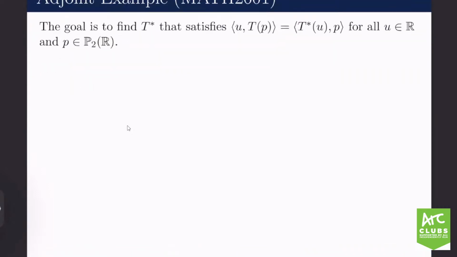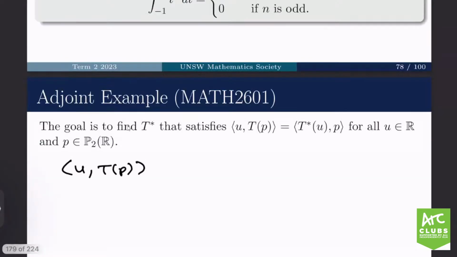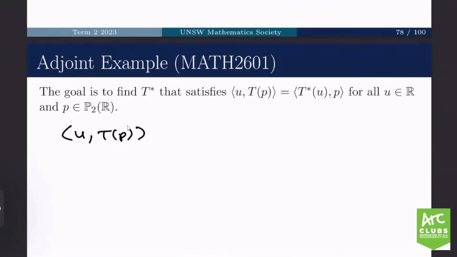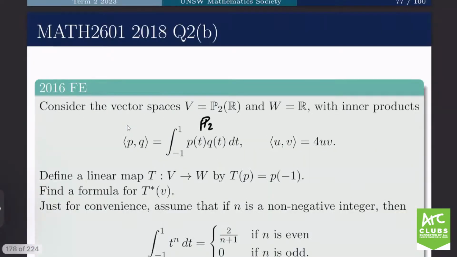So let's consider this inner product. We'll find the inner product between u and T of p. Keep in mind that u is a real number and p is just a polynomial. So first thing we need to do is find T of p.